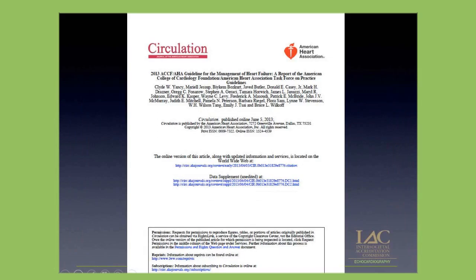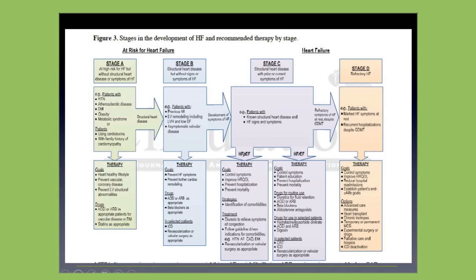Well, we don't know yet, because if you take a look at the guidelines from ACC-AHA, you can only move a patient from a stage A, which is everybody receiving chemotherapy, to a stage B, if you have previous MI, LV remodeling incorporating left ventricular hypertrophy and low EF, or asymptomatic valvular disease. In this particular patient, we don't have any of these 3 instances. And then the question is, can I use this 15% reduction in GLS to adjudicate a stage B heart failure? We don't know the answer.